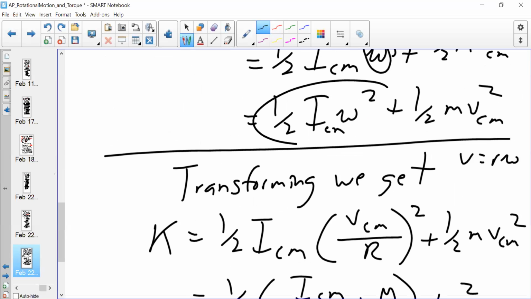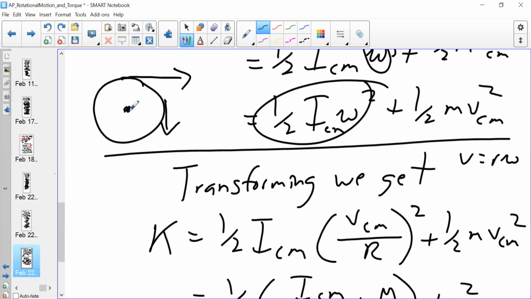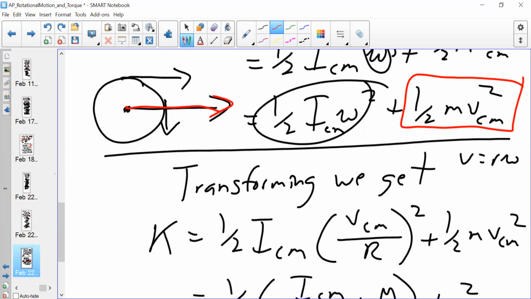So think of this energy as the energy of all of these particles as they rotate about the center of mass. That's what's going on. And the center of mass is going forward like so. This red is for this term. All of these guys out here and all of the other guys that are rotating around have this type of kinetic energy. Any questions?